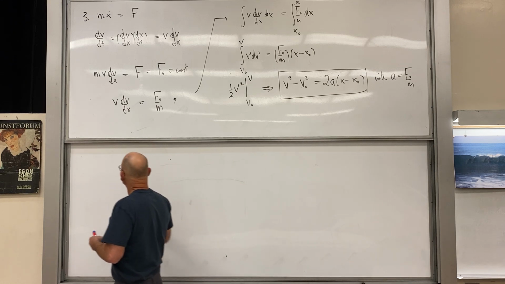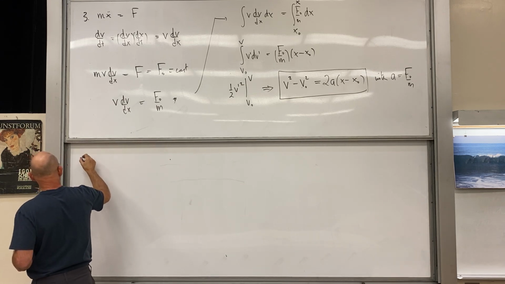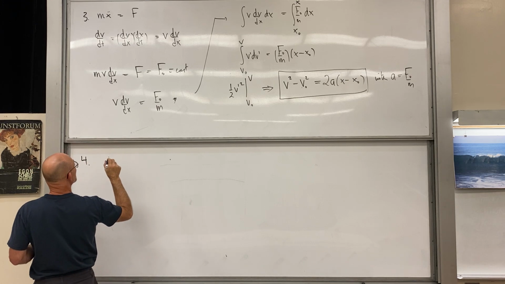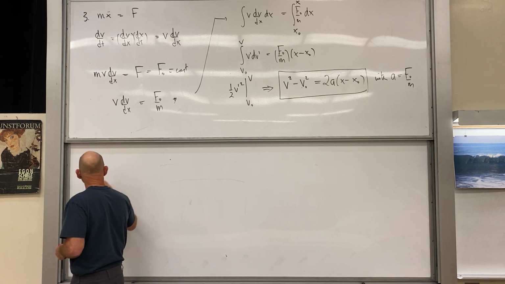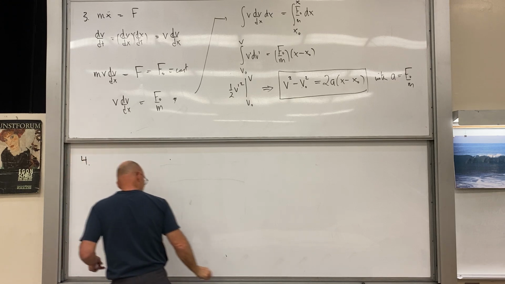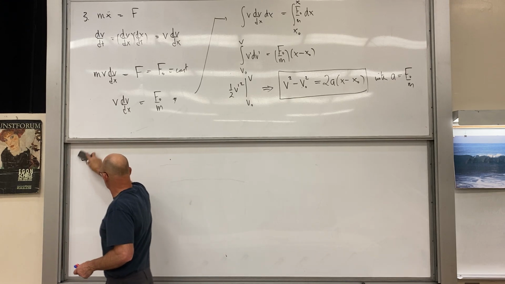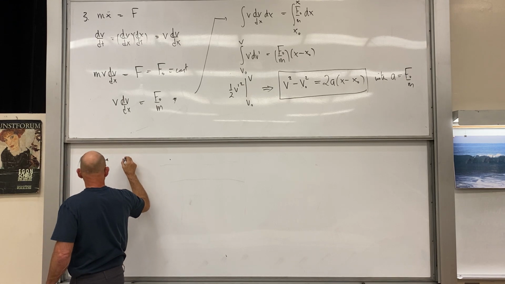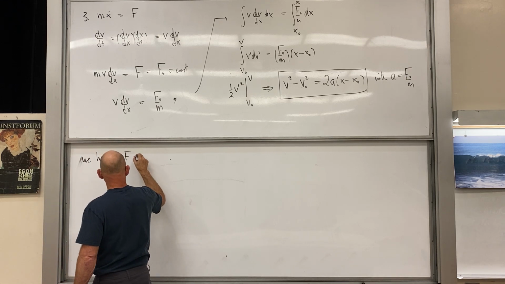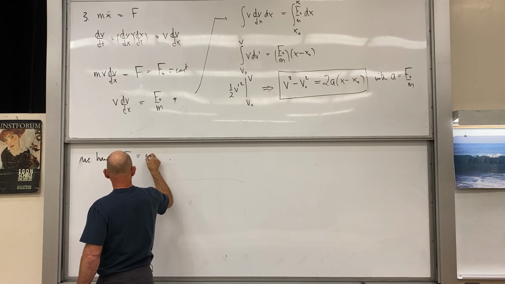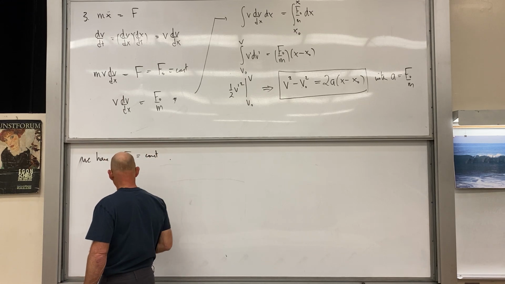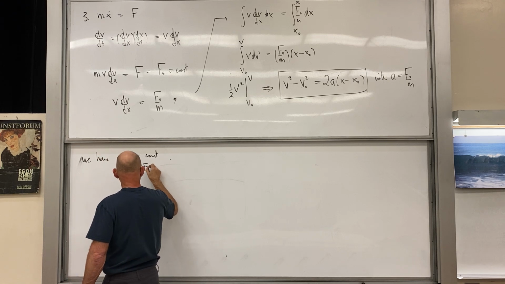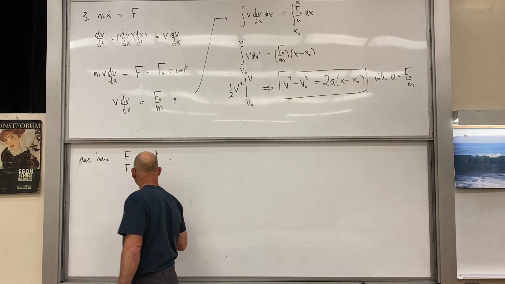Okay, this time, since I'm numbering things, 4. And just to remind us, we already have F equals constant, F equals F of t so far.